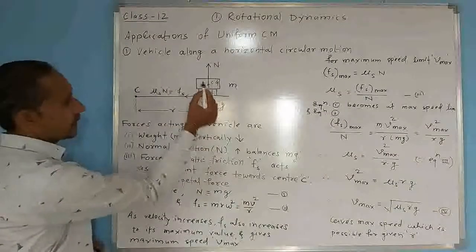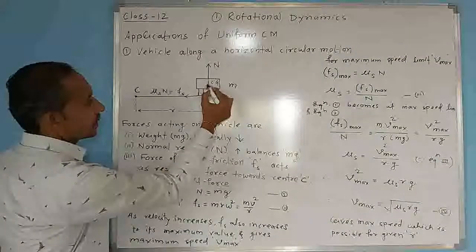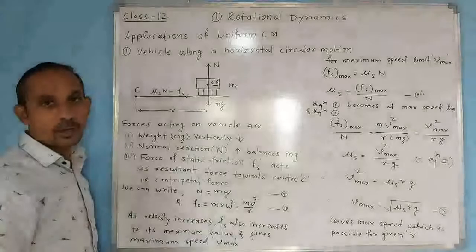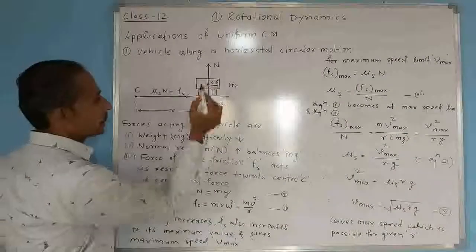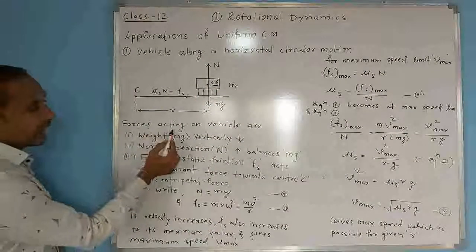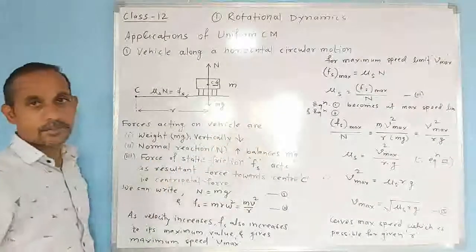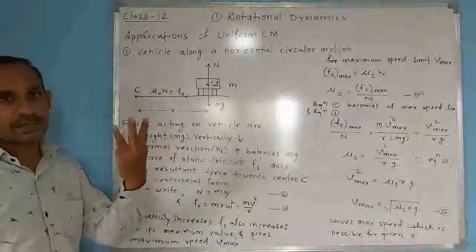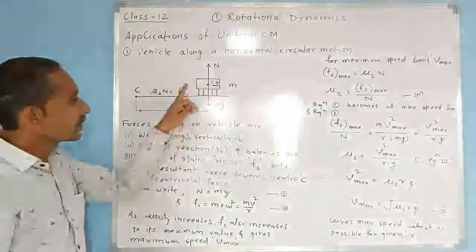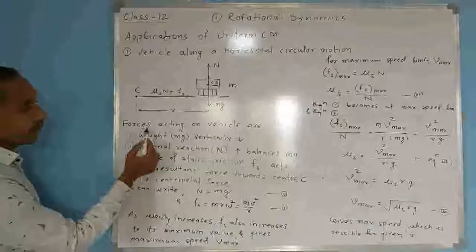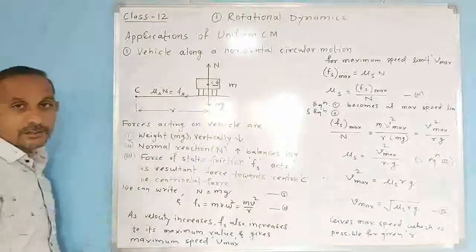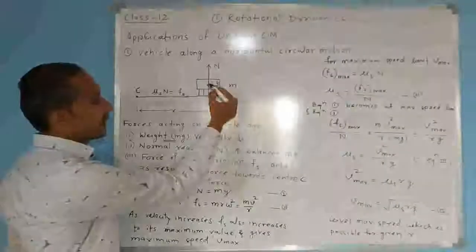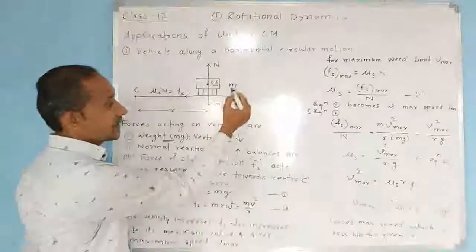This is the vehicle. This point is the center of gravity of the vehicle. Now the forces acting on the vehicle are: there are three basic forces which are acting on the vehicle. The first force is the weight force. This vehicle has mass m.